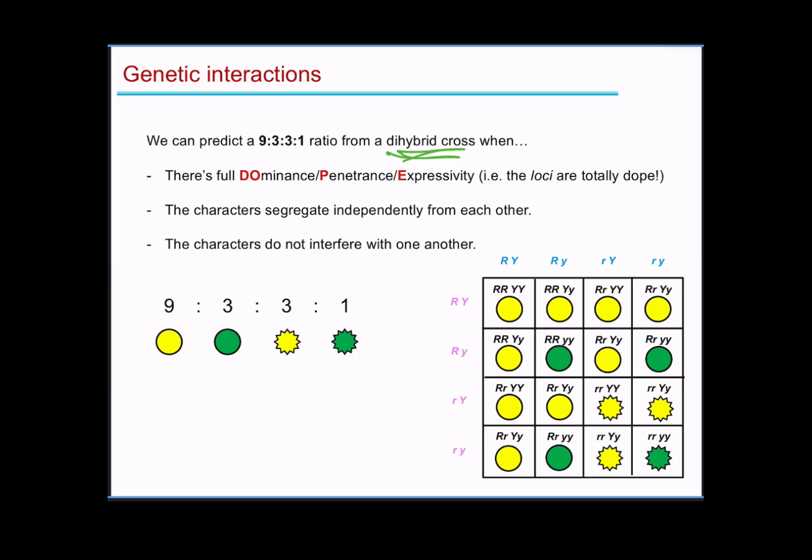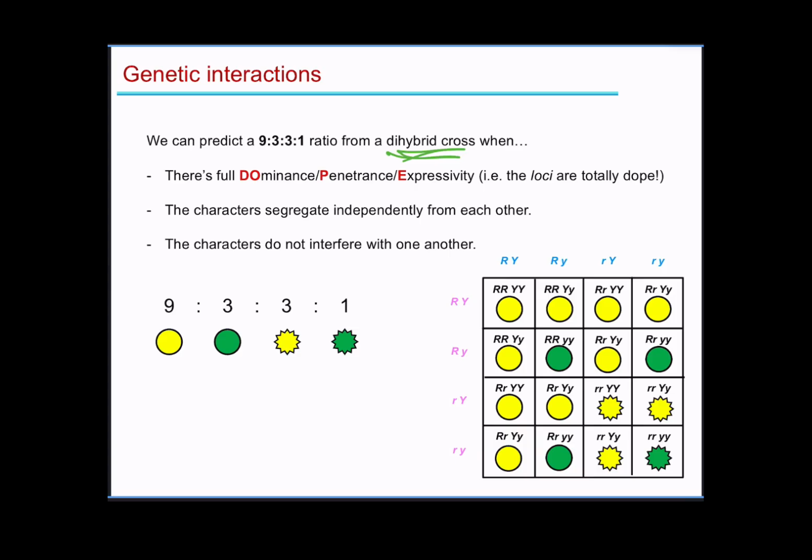The other assumption that we're making is that characters segregate independently from each other. In other words, they follow Mendel's second law. And that's why when these dihybrid parents are producing gametes, we can expect that those gametes are going to contain all possible combinations of alleles in equal ratios. That's the very definition of Mendel's second law.